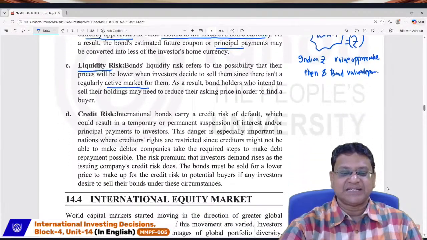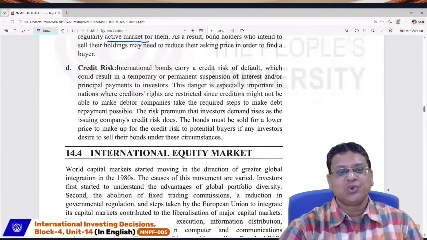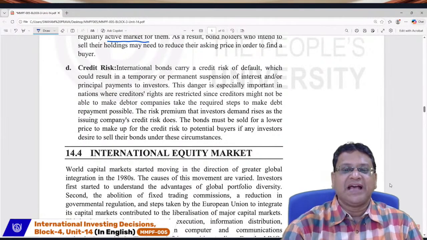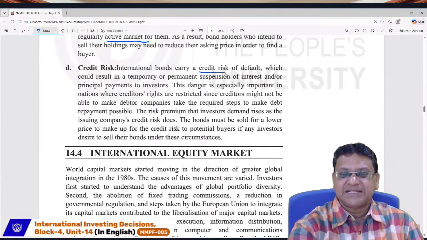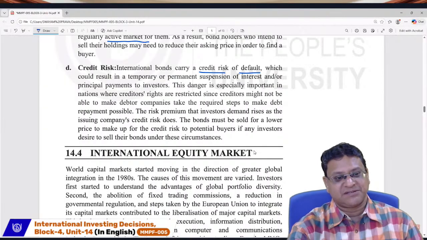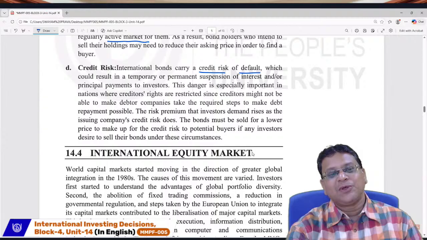What is credit risk? Credit risk is also known as default risk. All the international investments, bond investments, carry some sort of credit risk or default risk. That is also known as counterparty risk. That means the other party may not make payment in due time.